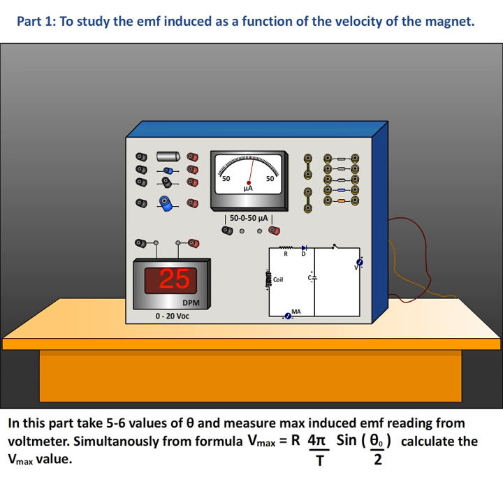Now, we have the values of R, which represents the wheel radius, and T, the time period. We make the circuit mentioned on the screen and take different values of theta. When the wheel oscillates, the magnet passes through the coil.